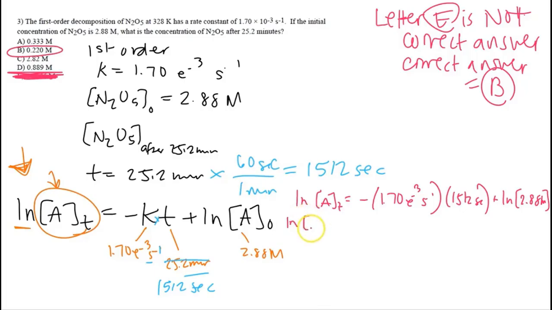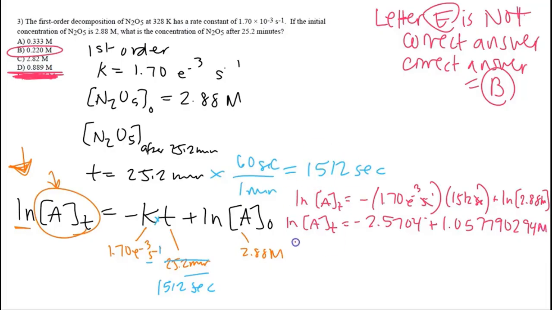So I'm going to have natural log of AT is equal to negative 2.5704. There's no units because our seconds canceled. This is now going to be added to the natural log of 2.88 molar, which I put in my calculator straight up. That's 1.057790294 units of molarity, because we do have units here.